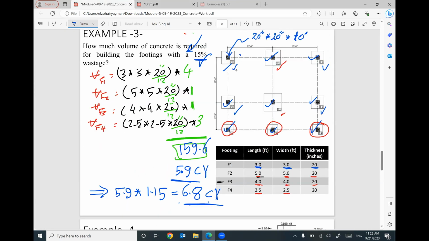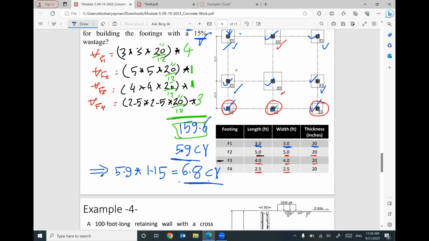So the final conclusion, as a contractor, you can build up your cost estimation based on these volumes. Because if you call the concrete company, they will tell you, hey, 1 cubic yard will cost you around $200. So if you would like to order 6.8, you can understand how much it will cost you.